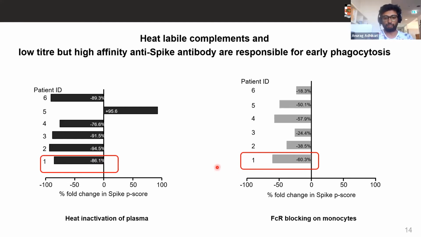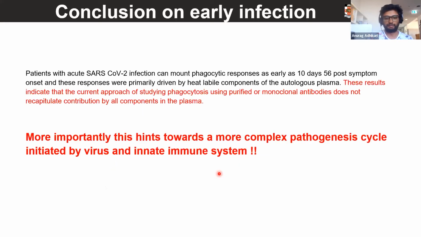We do not know exactly how much was contributed by each, but still this is a very interesting finding for us. So the conclusion on early infection, what we could say is the ADCP function, regardless of whether it's happening through complement or antibody, can be observed early in the infection cascade, which is very important because that might have a role in driving the pathogenesis towards maybe protective or maybe detrimental outcomes.